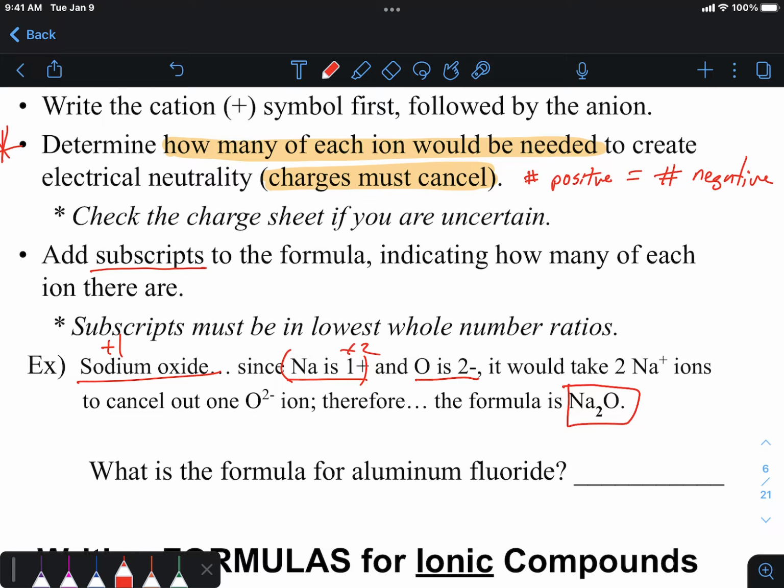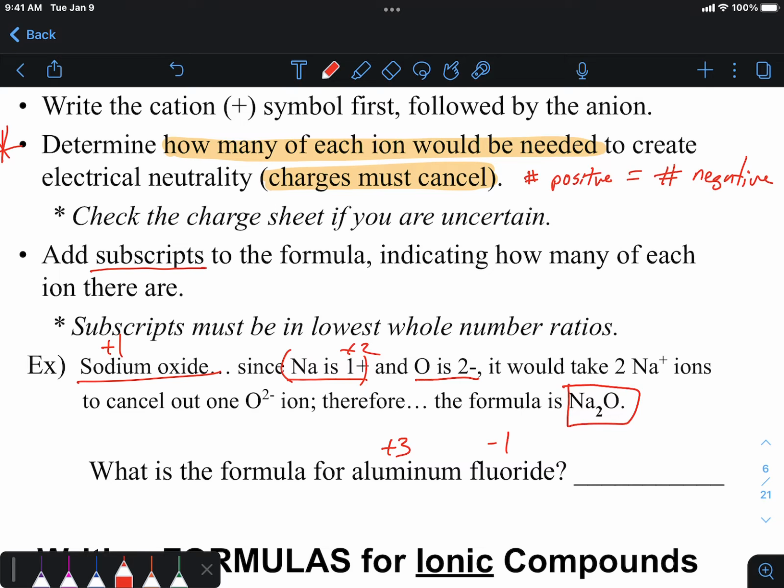So, try another example. Okay, aluminum. Find aluminum. What is the charge on aluminum? +3. Okay, fluorine, which is a halogen. -1. All halogens would be -1. We had a little discussion about this.